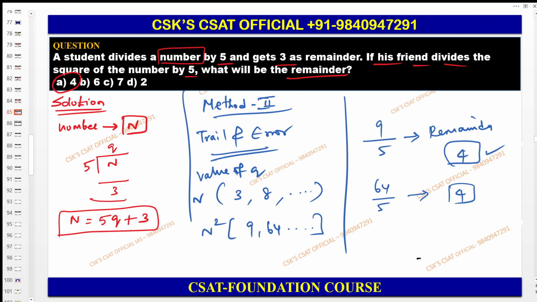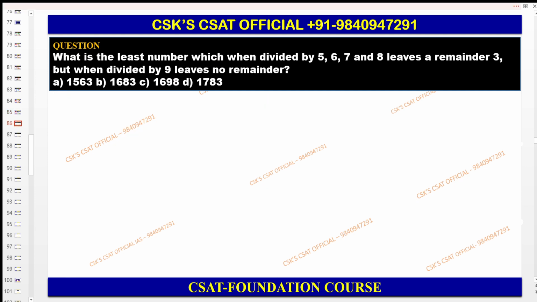While solving the questions, you can do the first method. While taking competitive questions and attending mock tests, you can use method 2. Fine. Now listen. This question you can discuss during the LCM and HCF concept.